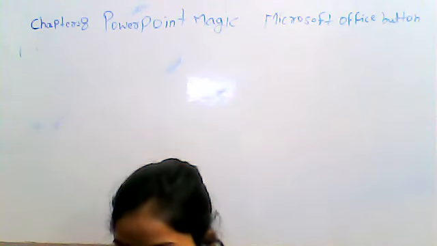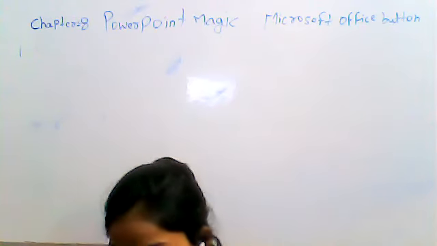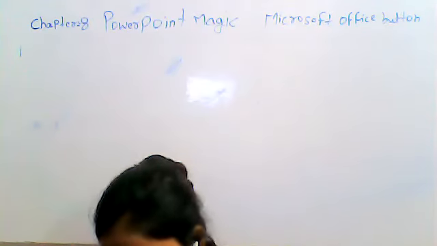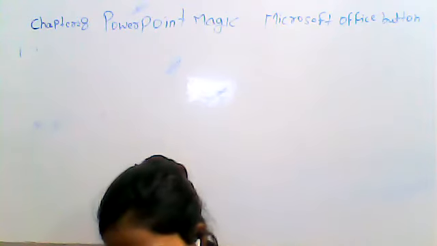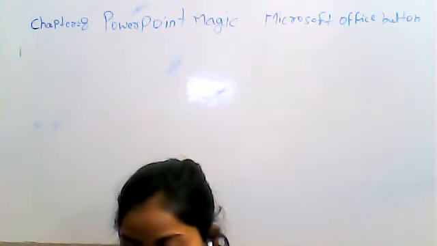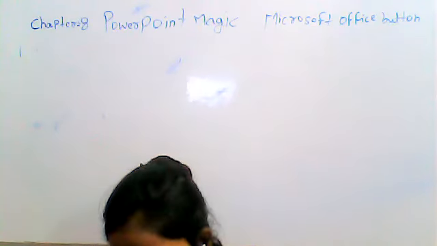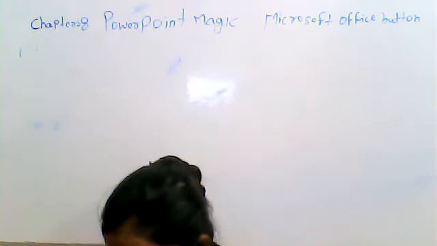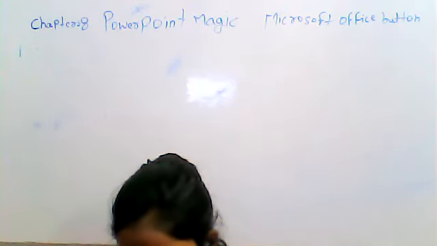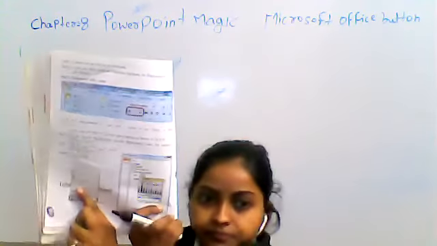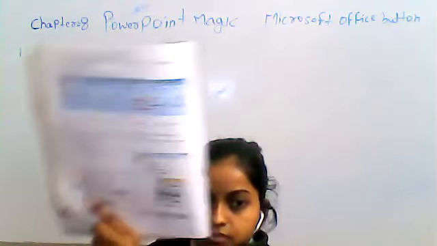Filling background with color. To fill the background of a slide with a color of our choice, we follow these steps. First step is right click on the slide. A shortcut menu appears as shown in figure 8.16.